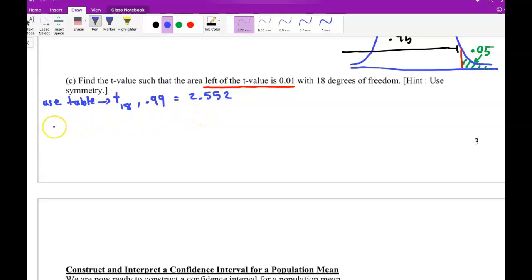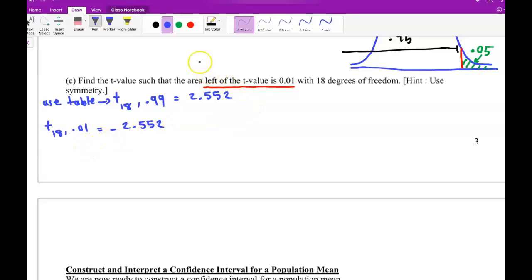Then t18, 1% is equal to negative 2.552. Okay, this is area to the right, and for area to the left, you only need to multiply by negative.